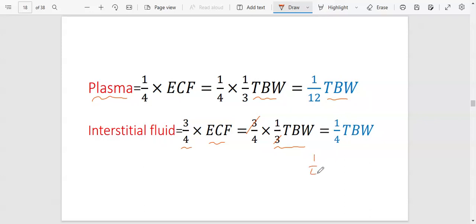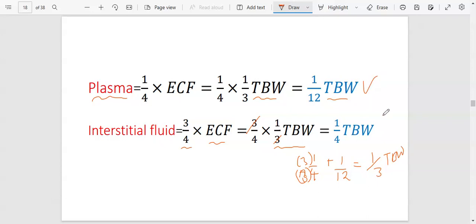When you add 1 out of 4 of total body water plus 1 out of 12 of total body water, this will give you back, I can multiply on top by 3, down also by 3, just to make the denominators the same. So it will give us back 4 out of 12, which is 1 out of 3 of total body water.